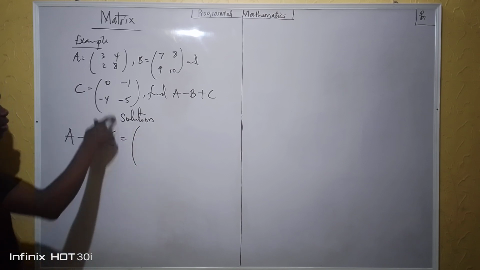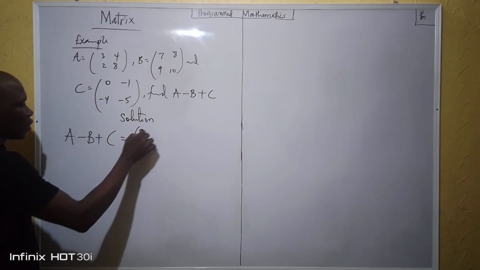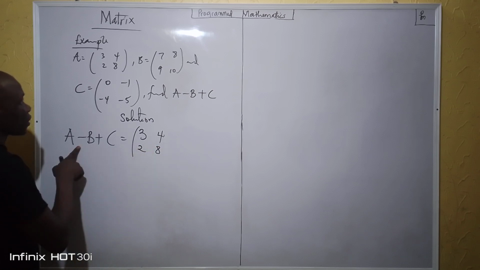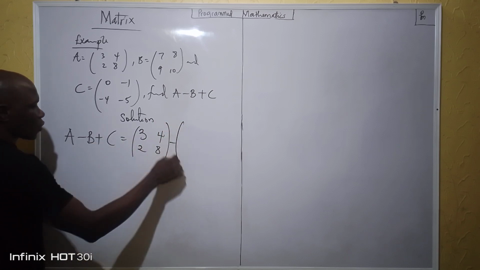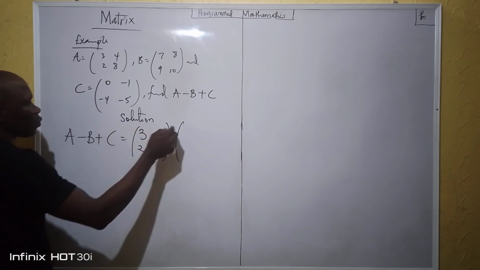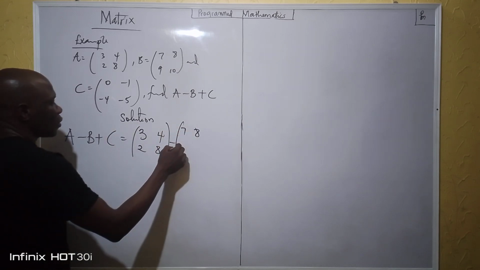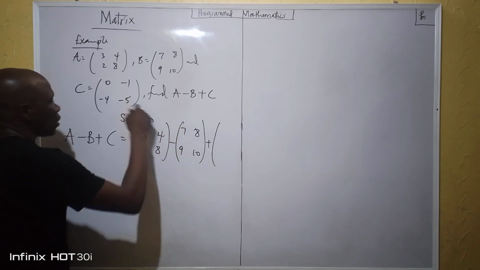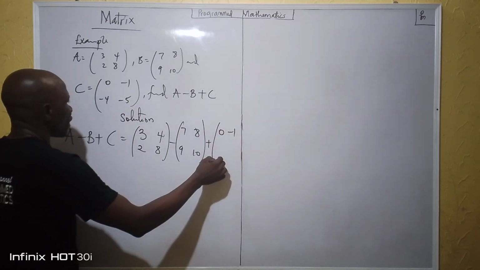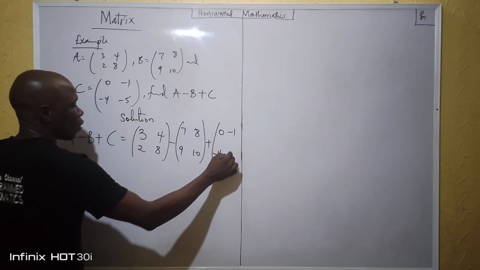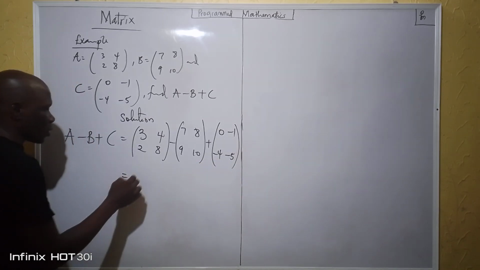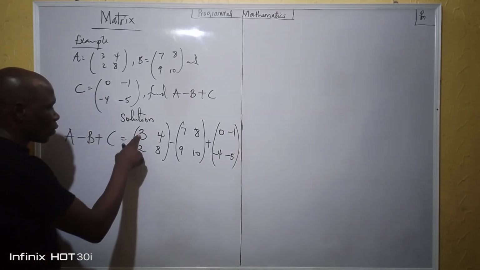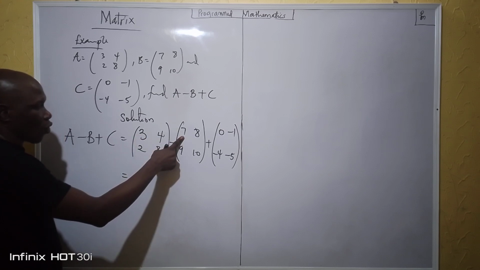In this order of appearance, write out the matrices. 3, 4, 2, 8, that's for matrix A. Now minus matrix B, which is 7, 8, 9, 10. Then plus matrix C, 0, minus 1, minus 4, minus 5. We can do this straight away from here without having to rewrite anything else. 3 minus 7 is minus 4.